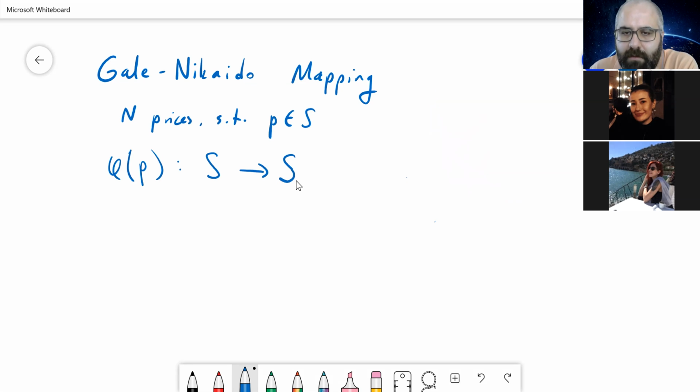What does it mean? So P will be an element in S. That will be the argument of this function, and phi of P, these are the adjusted prices, they will also be in the unit simplex. So this is the price adjustment mechanism, the Gale-Nikaido mapping.